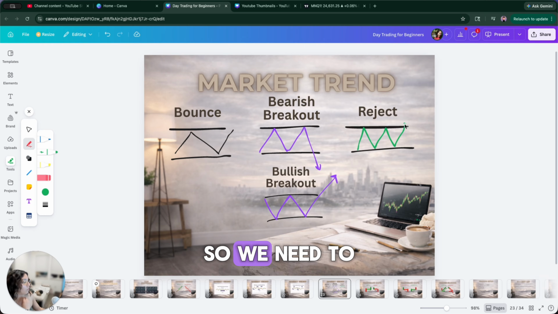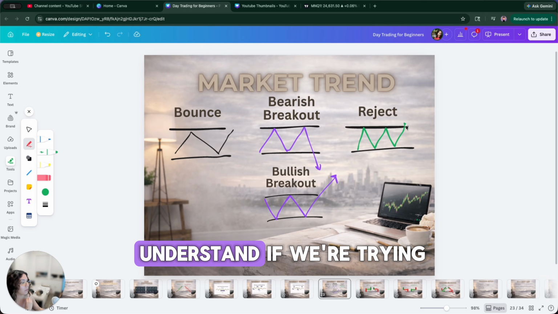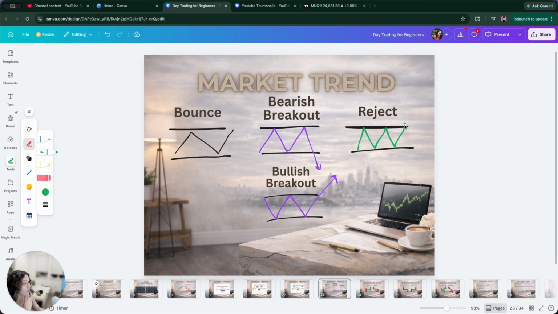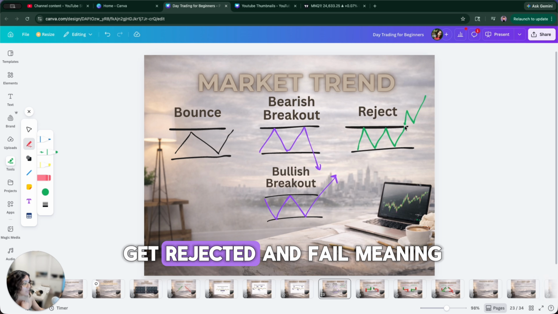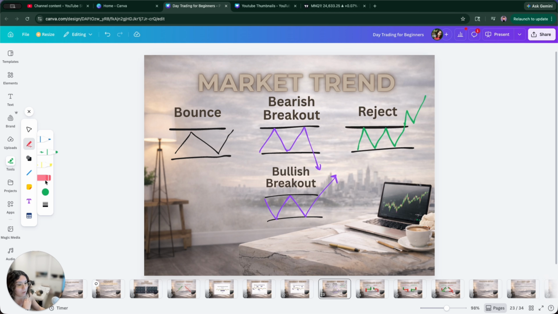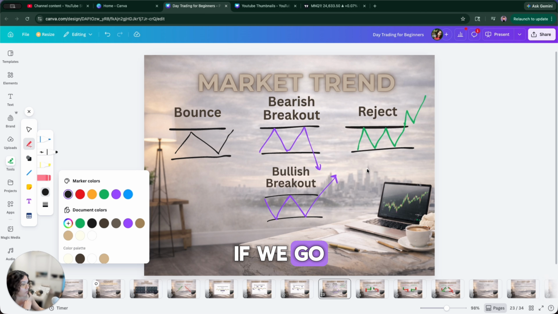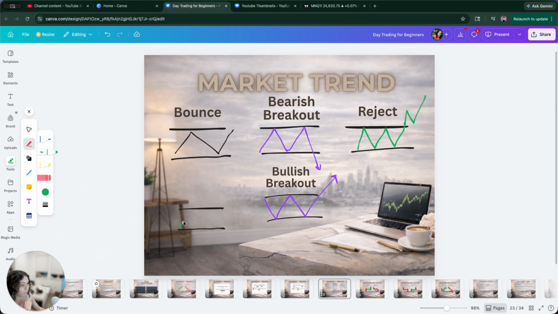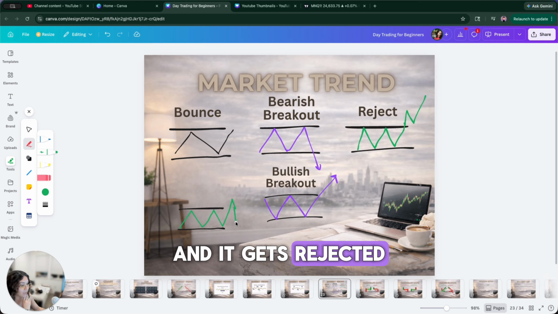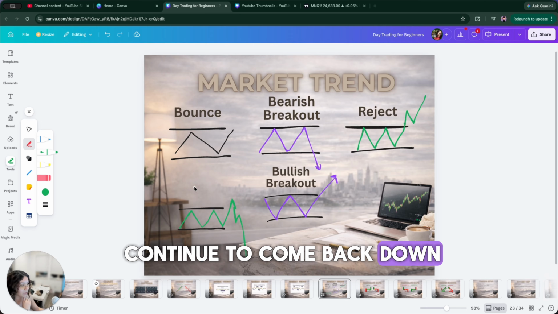So we need to understand if we're trying to look for the breakout, if it's going to be a real breakout and retest to continue to go higher, or if it's going to get rejected and fail, meaning if we go this way, this way, this way, and then it breaks, it comes back and it fails and it gets rejected, and then we continue to come back down.